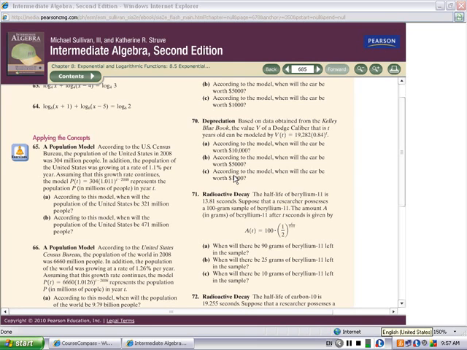Yes, question? Where does the t go? On the left-hand side, it says P and then in parentheses there's t, but you only put 321, you didn't put the t. No, you want P of t equal to this. It means the population at year t.